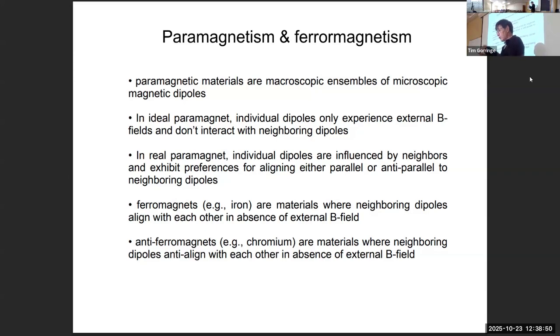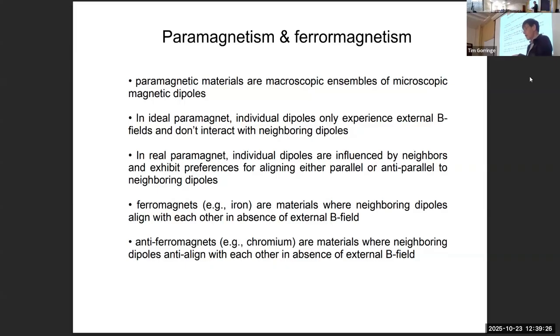These interactions between neighboring dipole moments lead to ferromagnetic materials, where the dipole moments prefer to line up. Iron is a classic example of a ferromagnetic material. The individual dipole moments of the ions, or the lone electrons associated with the ions, want to line up with one another, and that creates the magnetization.